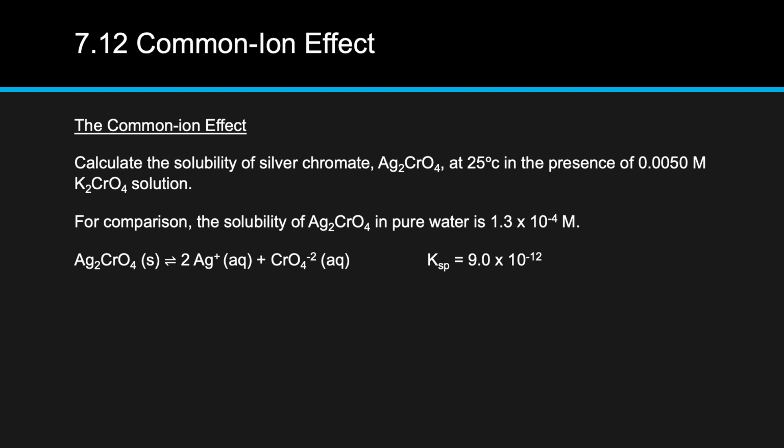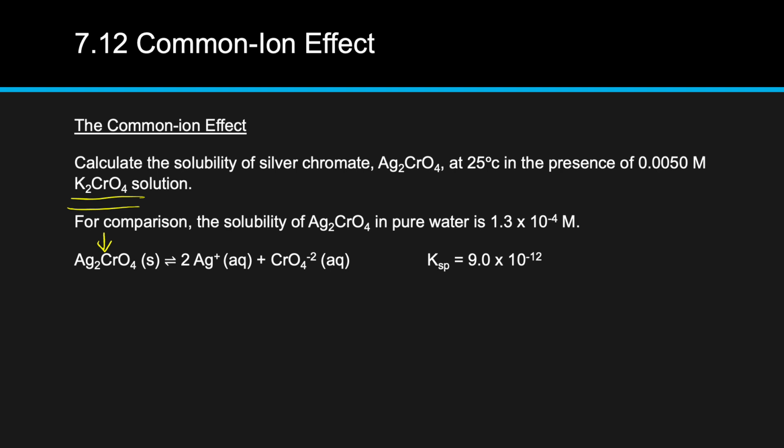So remember, what we're doing is we're taking this silver chromate solid and we're dissolving it in a solution of K2CrO4. So we're already starting with CrO4 2 minus because that's in this solution that we're putting the Ag2CrO4 into.